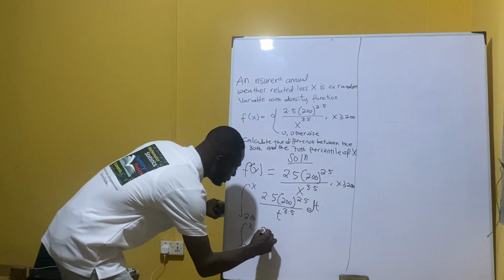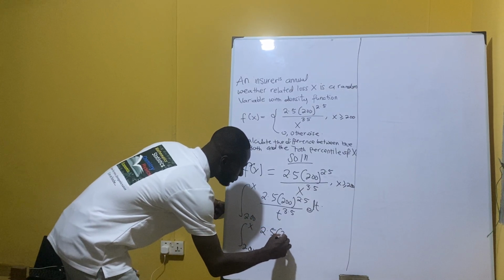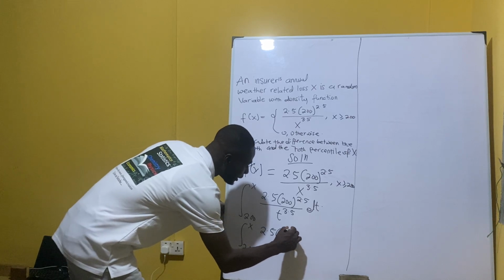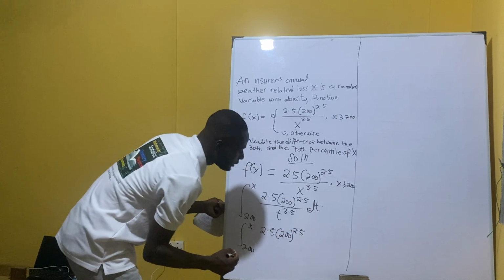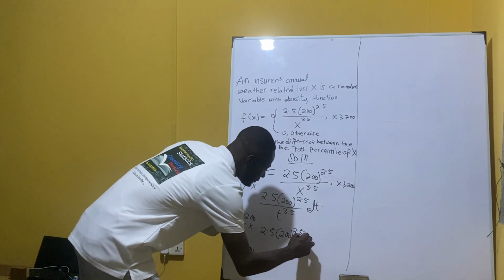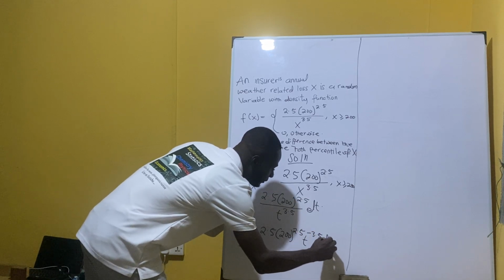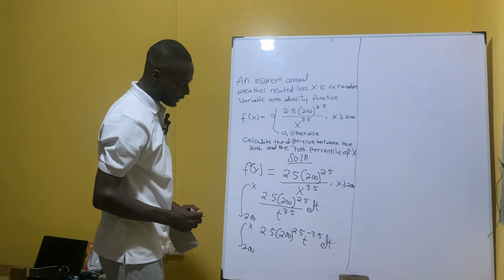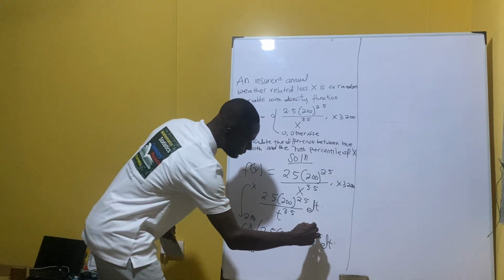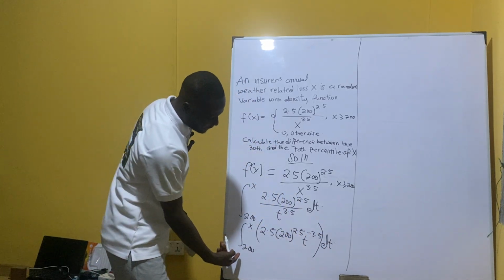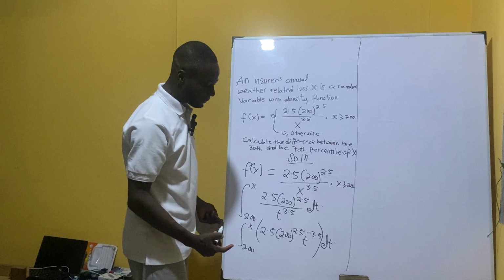So here we can change this particular function to 2.5 times 200 power 2.5 t power negative 3.5 dt. Having this, now let's integrate this particular function.